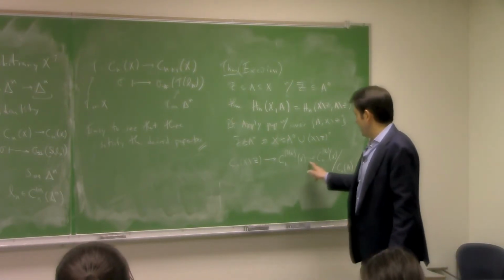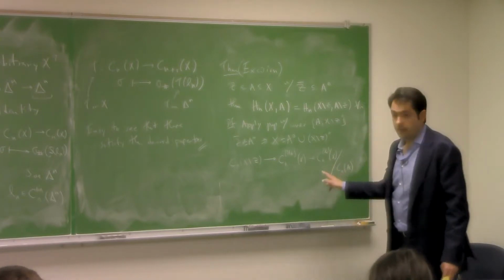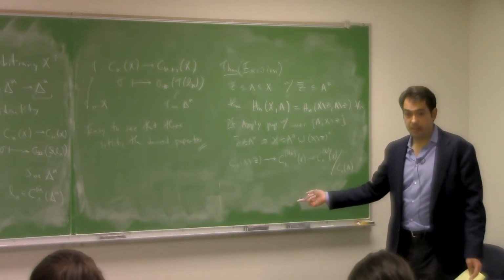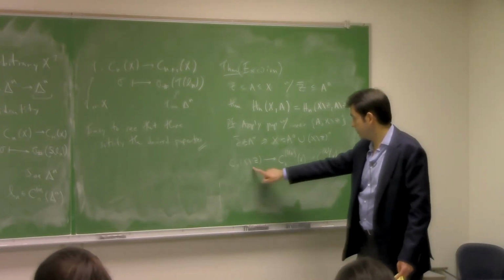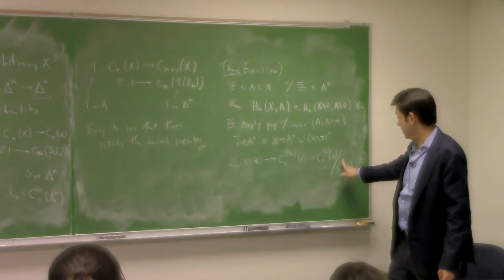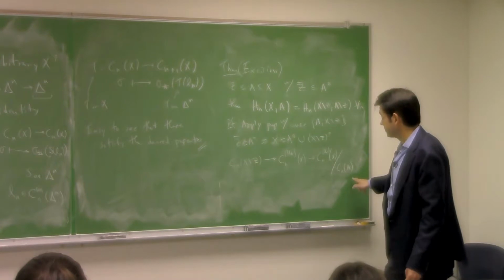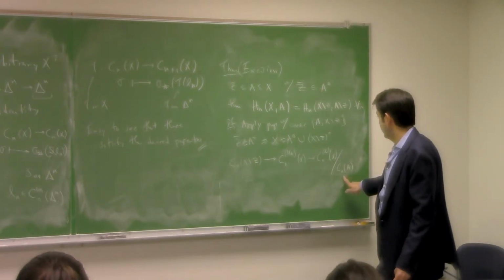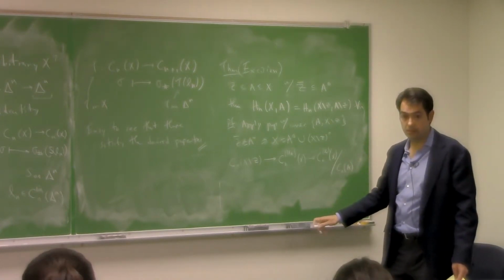So we can run the same proof that we had at the end of the last class. This composition surjects, and its null space is precisely the chains in A minus Z.